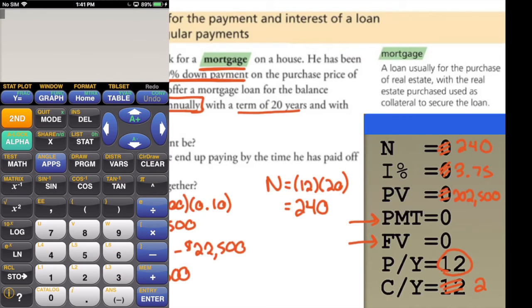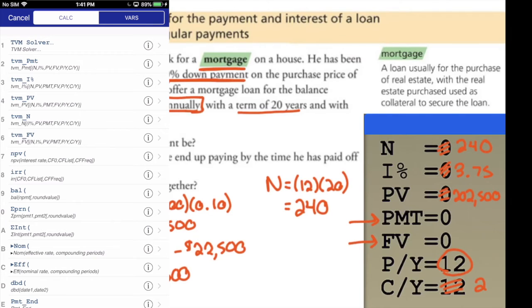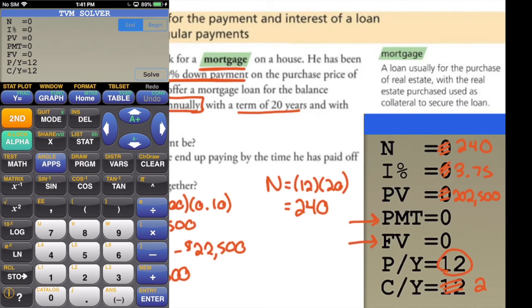So we can go back to the calculator app, and once again it is the same whether it's the phone app or the handheld. We access it by pressing apps, we go to finance, and TVM solver. Replace everything with what we need for this question. Make sure it matches.